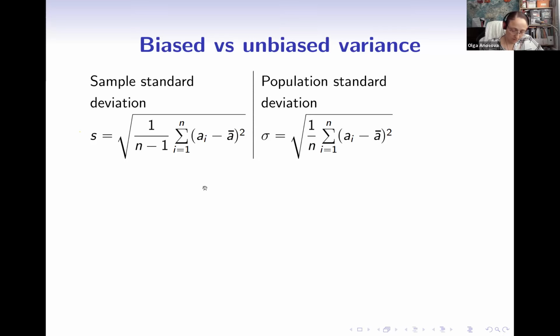So what do you think will happen to the variance if you are taking samples instead of the whole population? Will it be smaller, larger, equal? Can we try to understand what will happen to the variance?